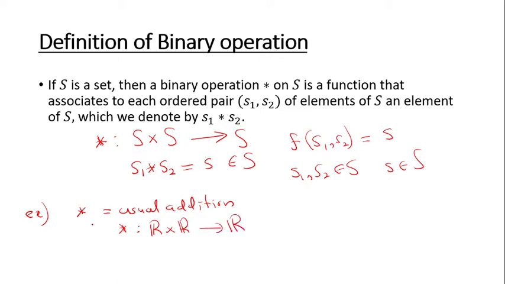In this case star is usual addition, so a star b would be a plus b. This is also a real number, because you already know that if you add two real numbers you will get another real number.